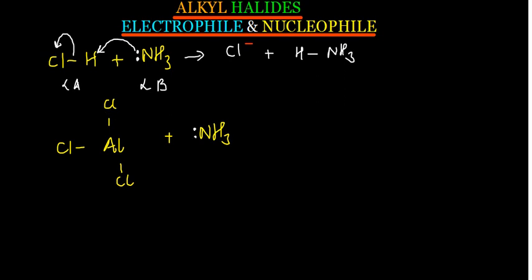Okay, so now in this compound we have a metal and a non-metal reacting. So basically this is an ionic compound, right? And you know that a metal forms a positive charge.